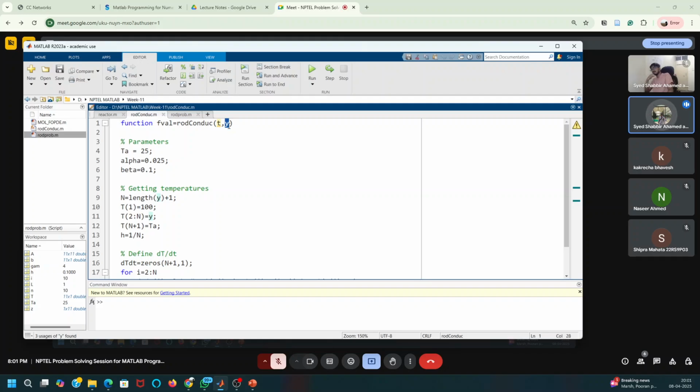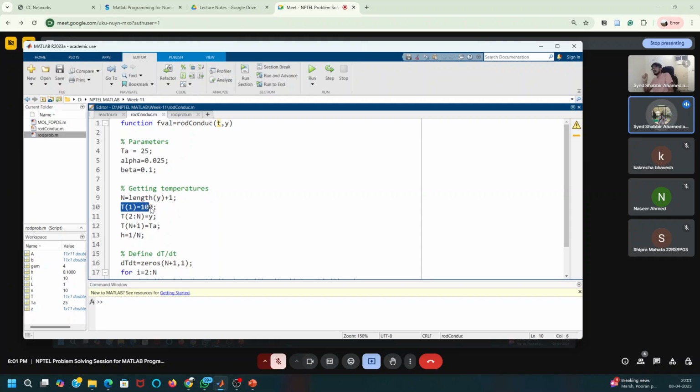If I want to calculate the number of segments, I can do length of y plus 1, which gives the number of divisions I have made in the bar.